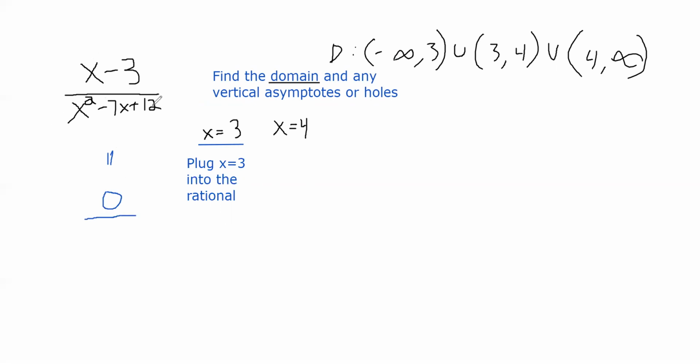On bottom, we already knew that this should give us 0, since we already identified 3 as a root of this bottom. So this is going to be 0 over 0, and that is going to make x equals 3 a hole. It's not a vertical asymptote.